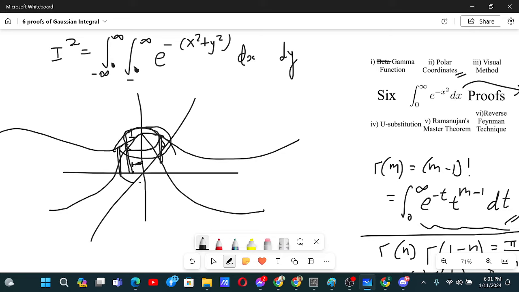So you can continue finding these volumes, and these will be the same as this integral. So basically the volume of this cylinder will be this circumference times the height. Height is this thing. Now if this is the r, this thing will just be e to the power minus r square. Yeah, x square plus y square is just r square.